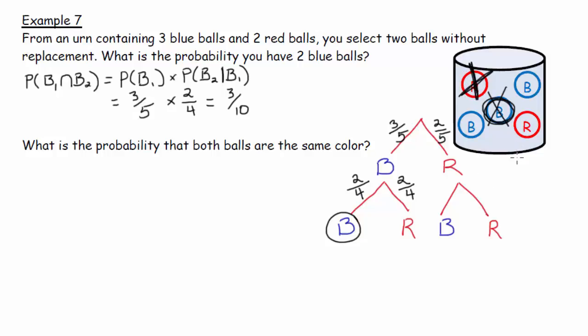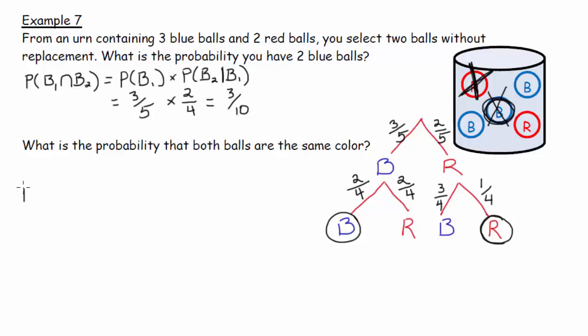The probability that I get a second red, now there's 1 left out of 4. However, there are 3 blues left out of 4. So this could happen 2 places, where I get a blue and a blue, which we just found, or when I get a red and a red.